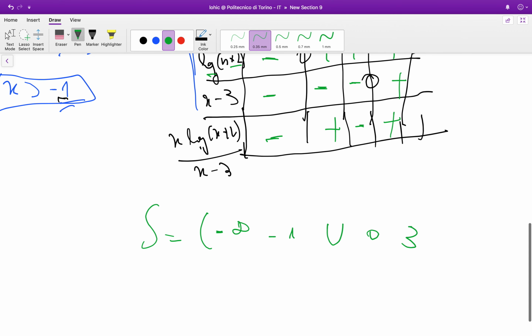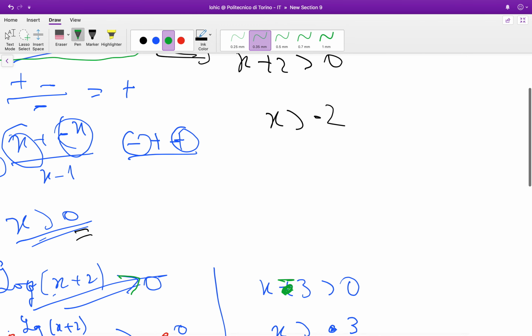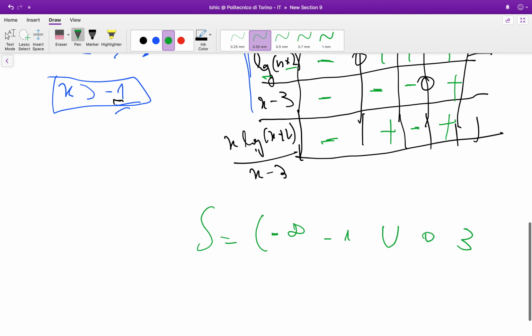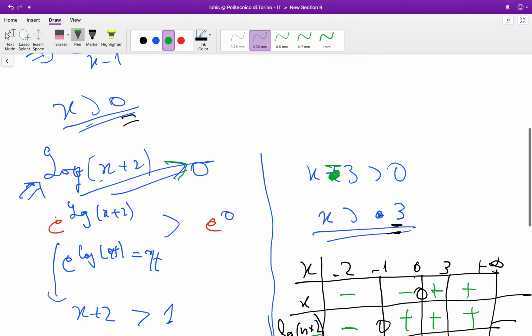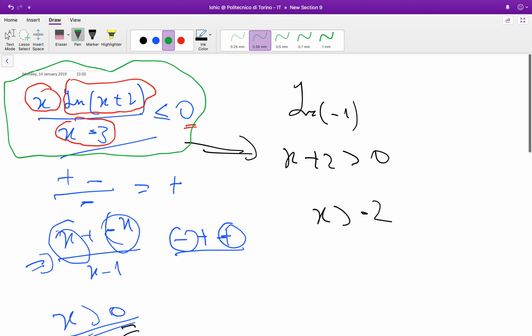Now let me try to understand whether I should close at -1 or skip it. I am asking, should I close at -1 or should I open? You take -1 and bring it inside the inequality. If we put -1 in the inequality, we'll get -1 times the logarithm of -1 plus 2 divided by -1 minus 3, right?